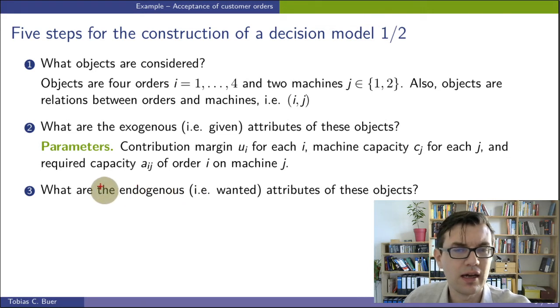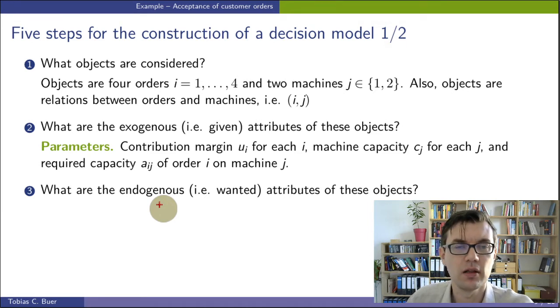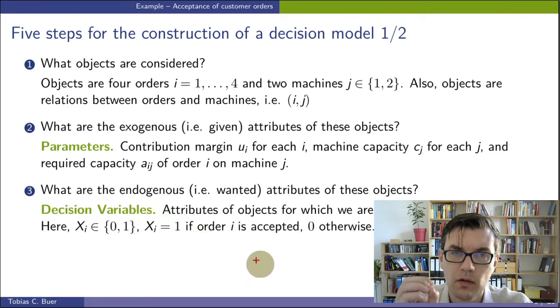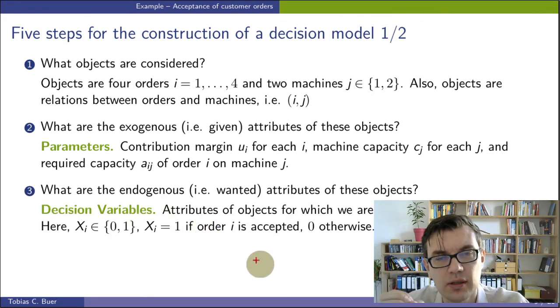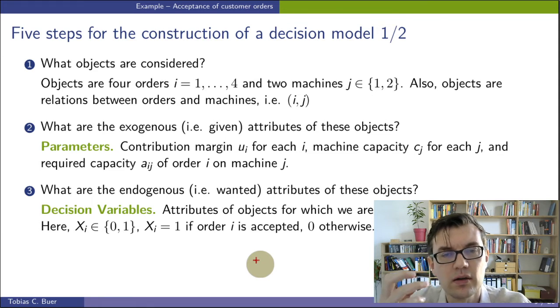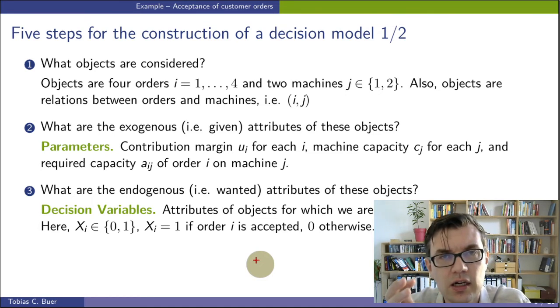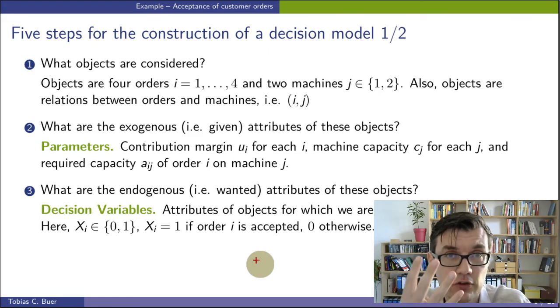Now, what are the wanted values for these objects? What are the endogenous values? What should be calculated by applying the model or with the help of this model? We call these decision variables. These are the decisions we want to make, and they are represented by our decision variables. And here our decision variable is for each order. We have 4 orders.